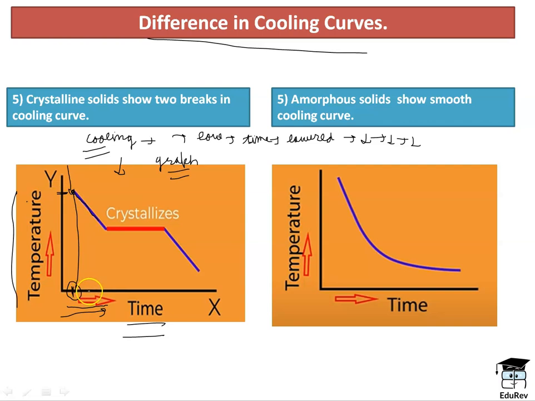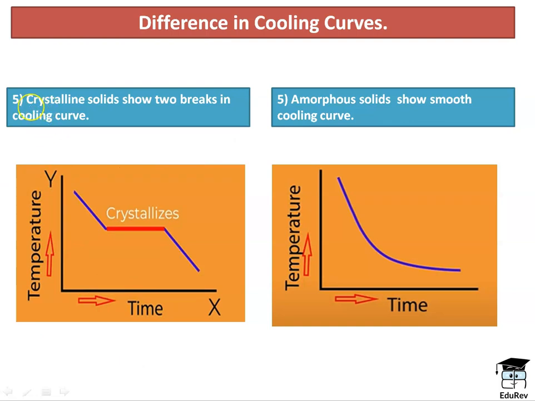Then when time is extended, at a later point of time, the temperature is decreased. Again at a later point of time, the temperature is decreased. Again at a later point of time, here is the minimum temperature at maximum time. So cooling is taking place, and this is called a cooling curve. Basically a graphical representation of the cooling of a substance, and the graphical representation is temperature versus time.